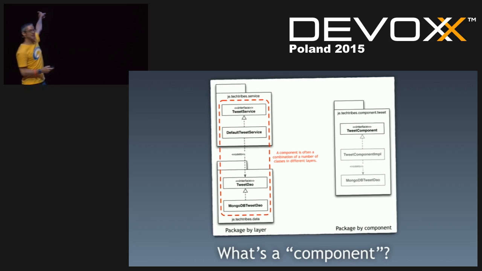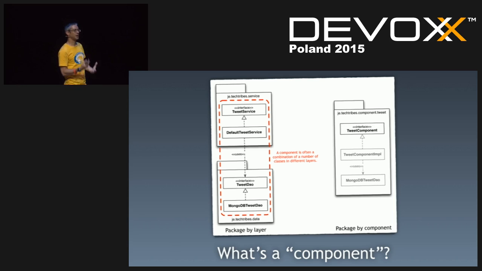You'll notice my tweet DAO interface has sort of disappeared. You can't have non-public interfaces in Java. So I just deleted it. This is not a silver bullet. There are some implications and ramifications of doing this, which I'll talk about in a second.